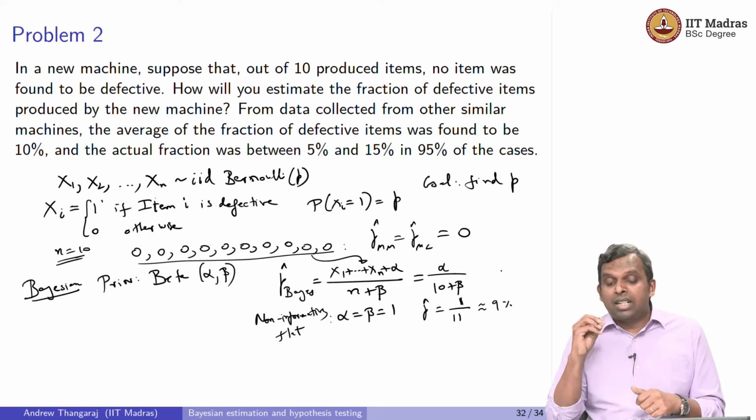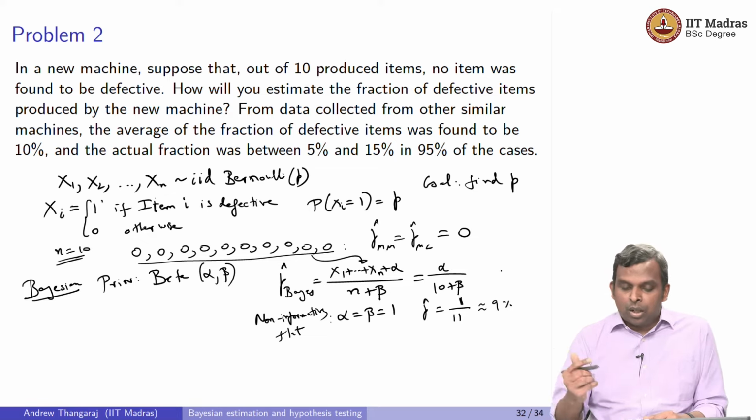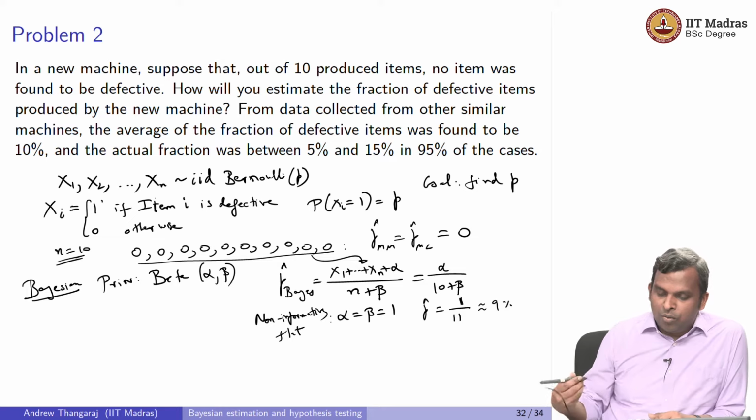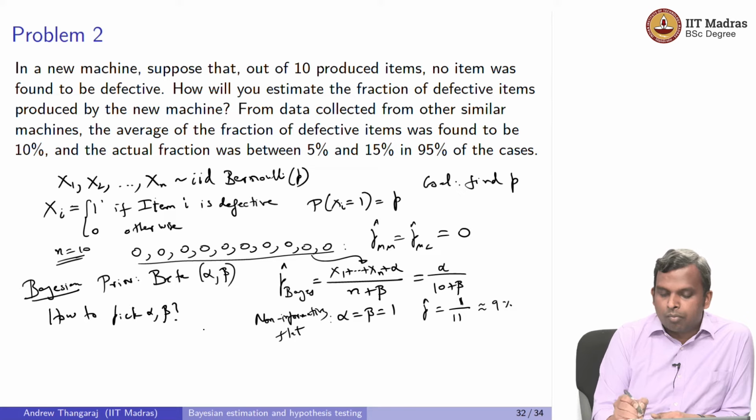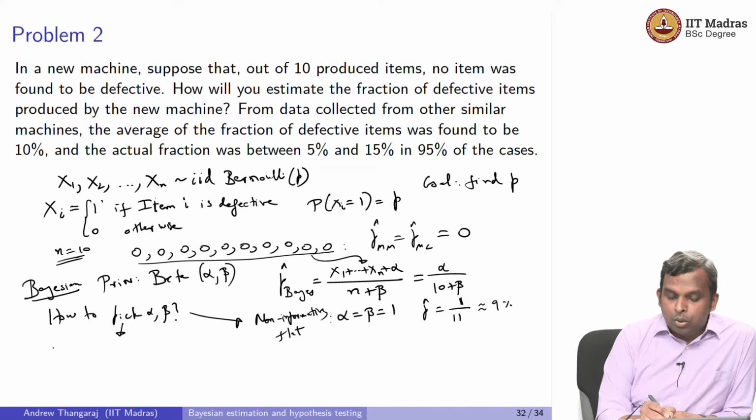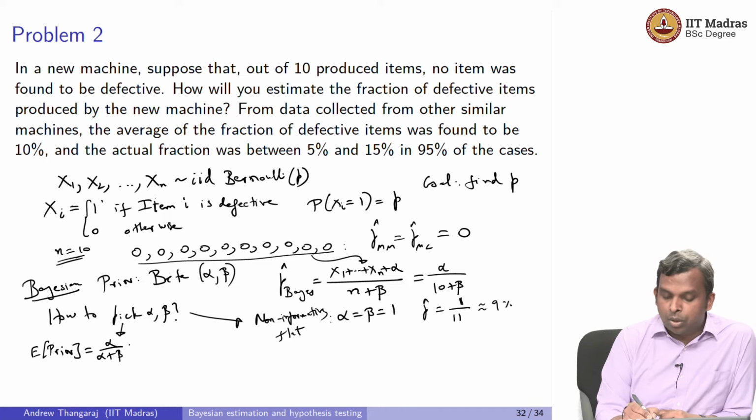Now, the question is how to pick alpha and beta. You can go the non-informative route, or you can say, I want the expected value to be 10%. The expected value of the prior is alpha by alpha plus beta, that's something we know.